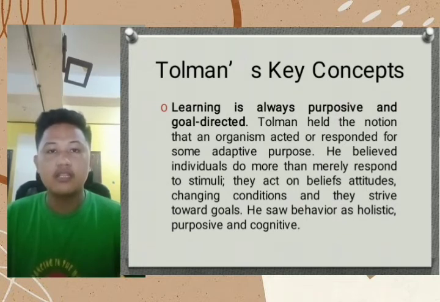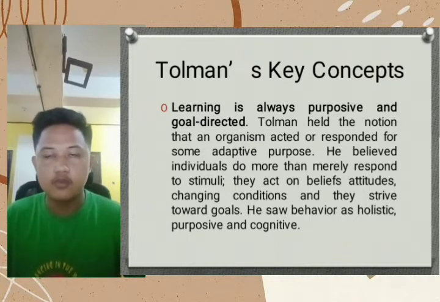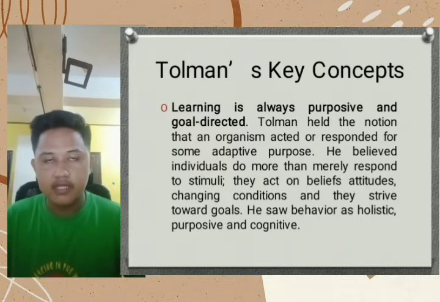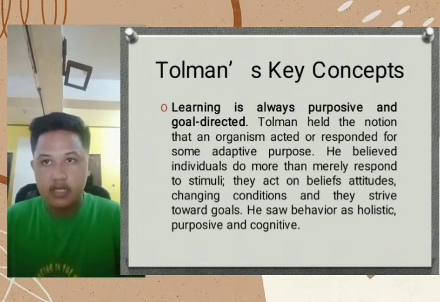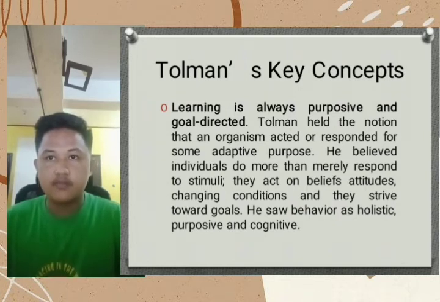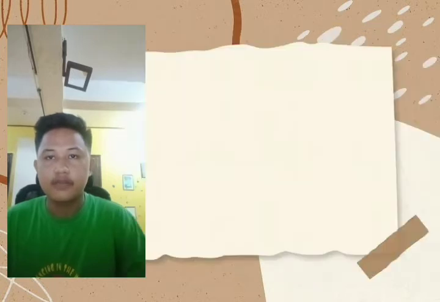They act on beliefs, attitudes, and changing conditions, and they strive toward goals. I don't think that an individual has no goals in life, because every person has a goal that they want to achieve. So he saw behavior as holistic, purposive, and cognitive.